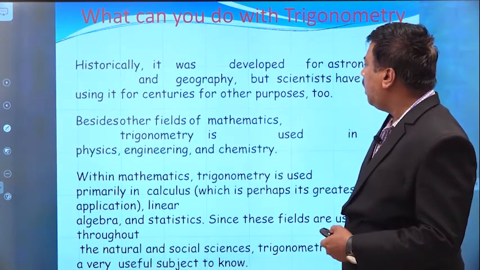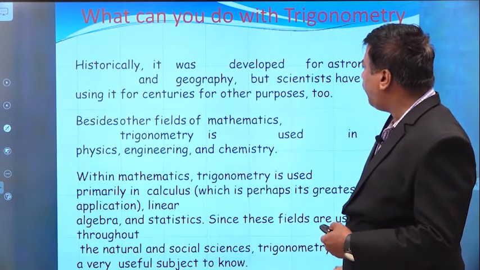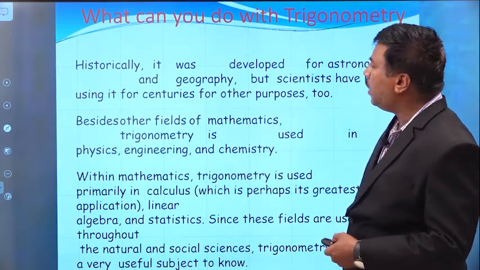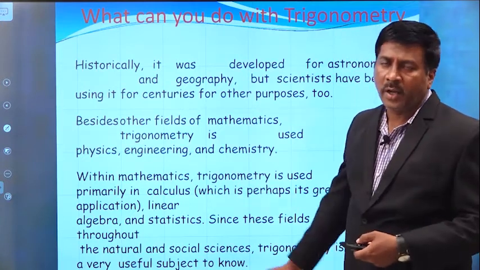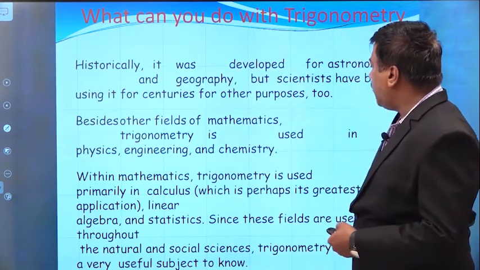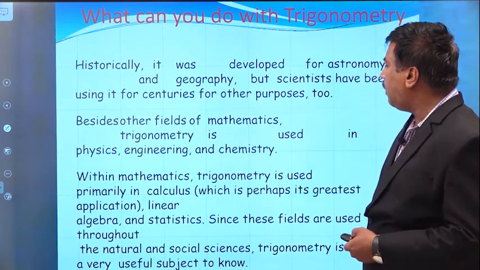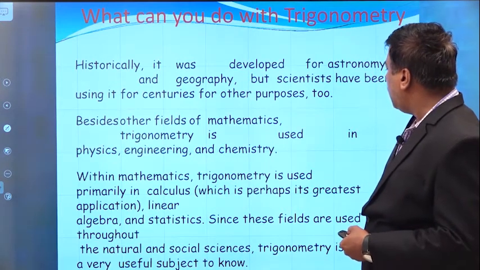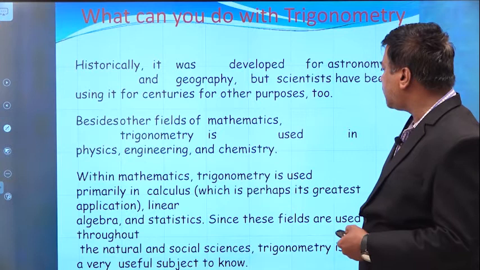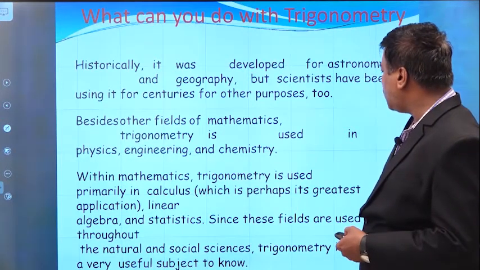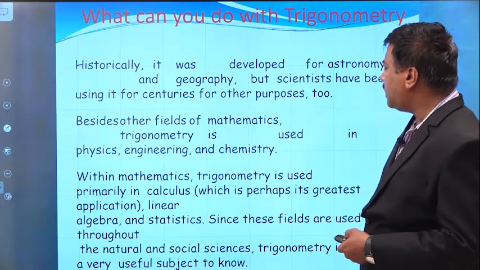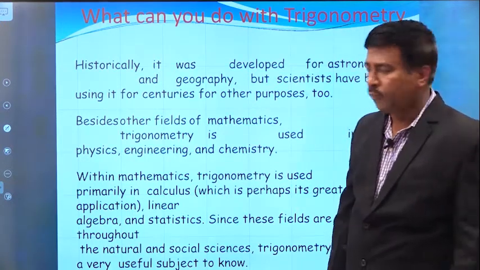Besides other fields of mathematics, trigonometry is used in physics, engineering and chemistry also. Within mathematics, trigonometry is used primarily in calculus, linear algebra and statistics. Since these fields are used throughout the natural and social sciences, trigonometry is a very useful subject to know.